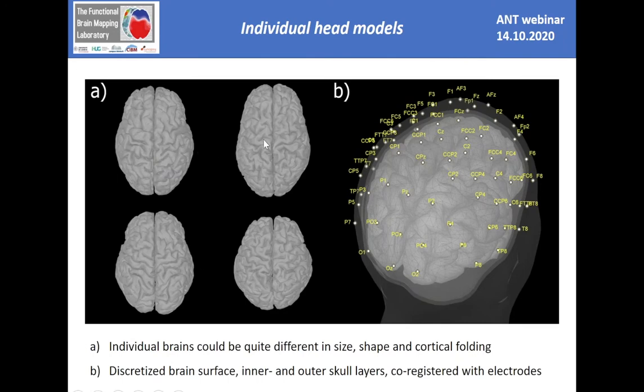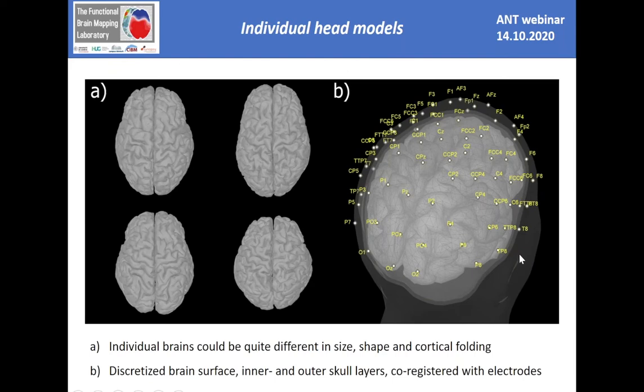So depending on the individual, the brain and the head is of course quite different, right? And then you can use this cortical reconstruction to build up a forward model, as I discussed before. And here you can see the brain is already integrated in these skull surfaces and the scalp surfaces, and on top of the scalp surface there are the electrodes, right?